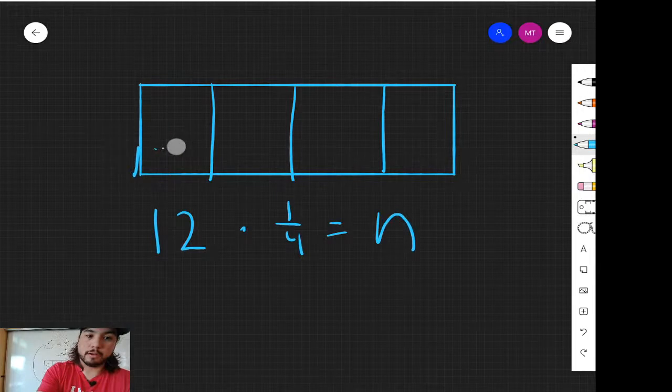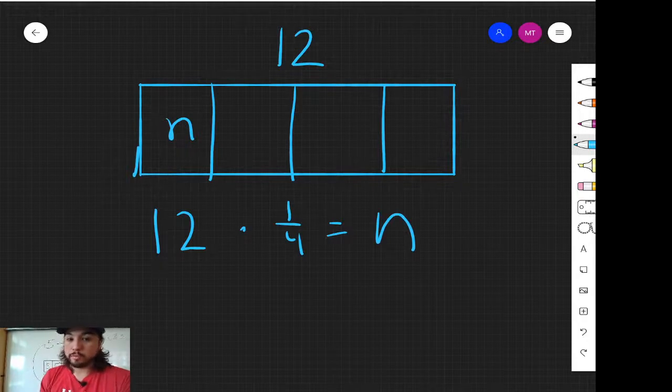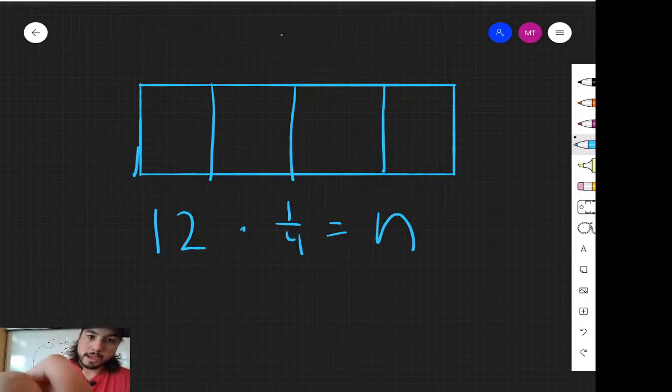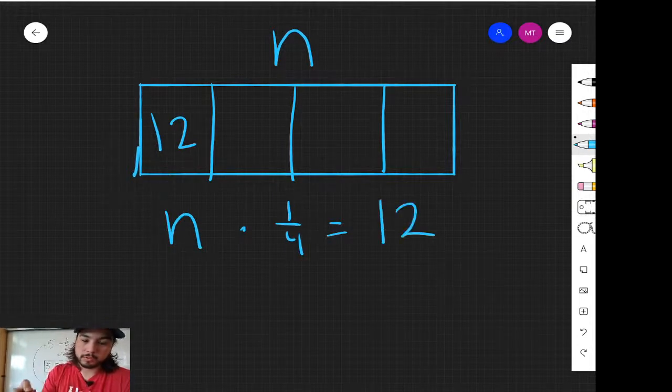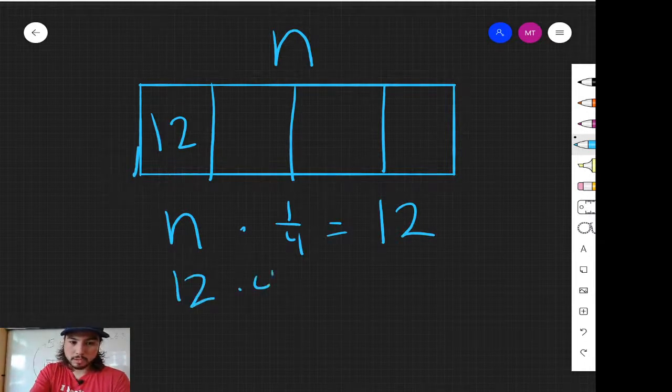You're taking 12 and you're multiplying it into 1/4, and you want to know how much 1/4 of 12 is. That would be 12 times 1/4. But our n is the whole thing in this case, which is why we would need n times 1/4 equals 12.